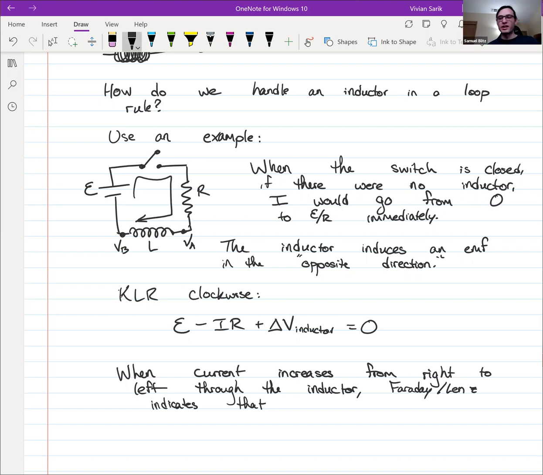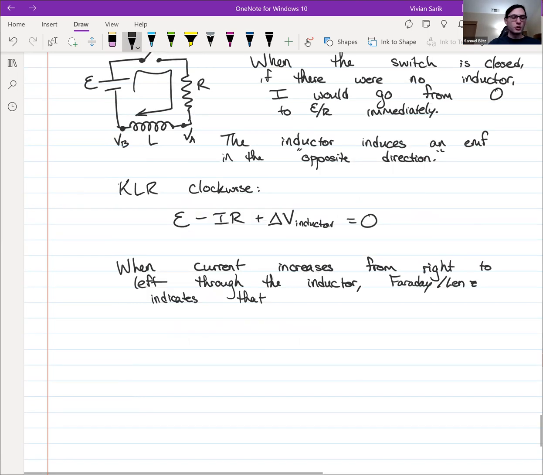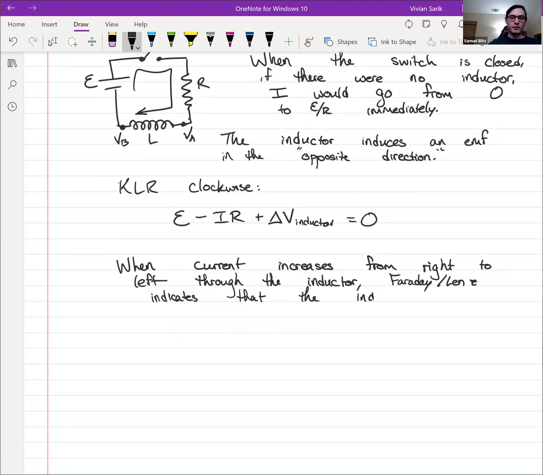That's from Faraday and Lenz's law, which indicates that the induced current or the induced EMF is to oppose that increase.